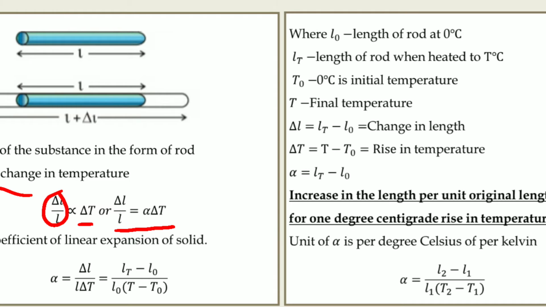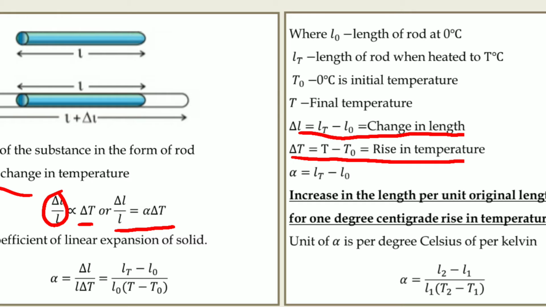T is the final temperature, and T0 is 0 degree Celsius, or the initial temperature of the rod. Now delta L is LT minus L0, which is the change in the length of the rod, and delta T is the rise in temperature or change in temperature.